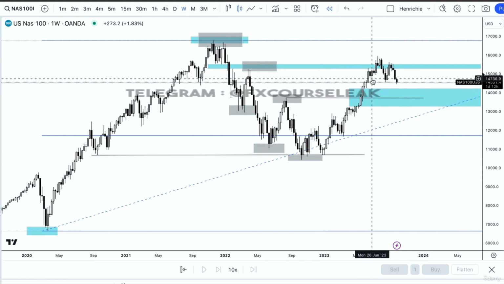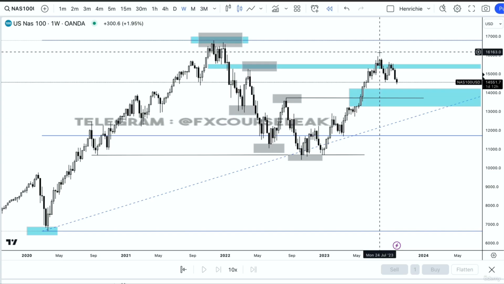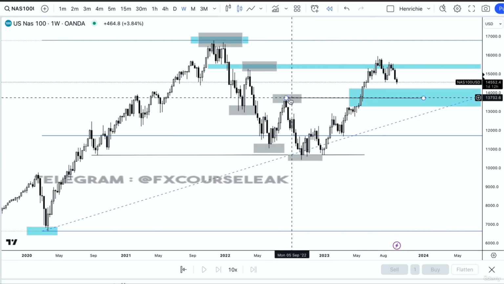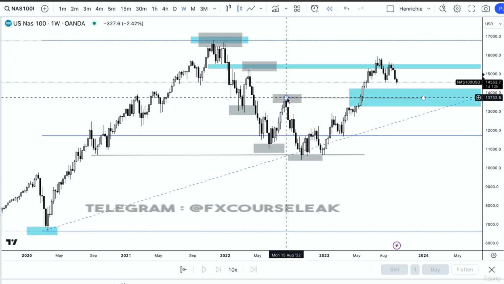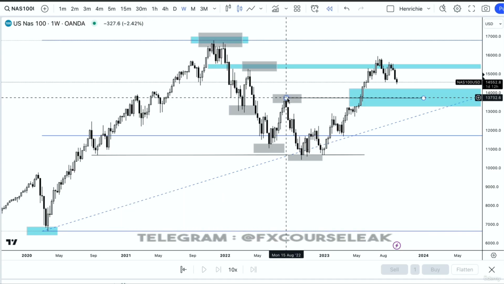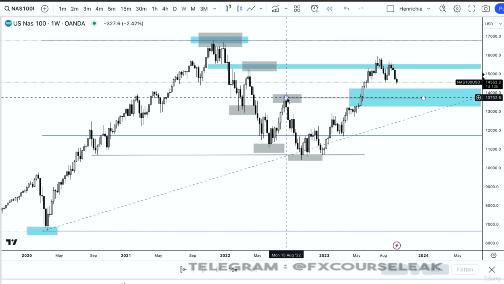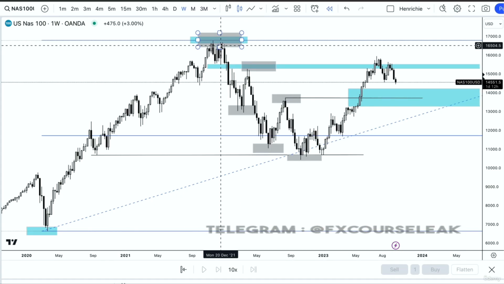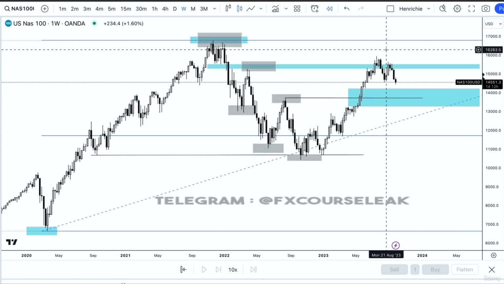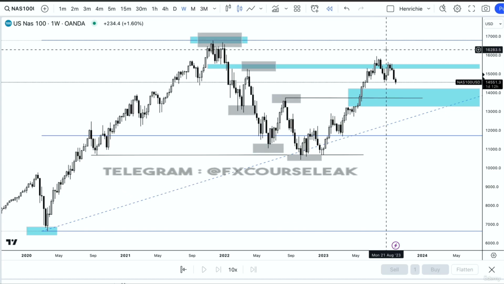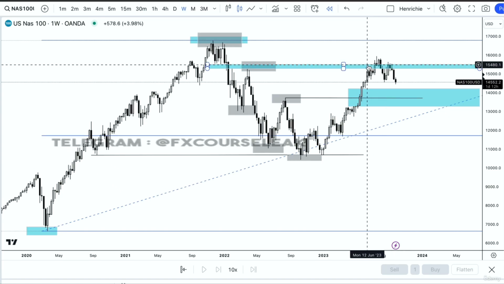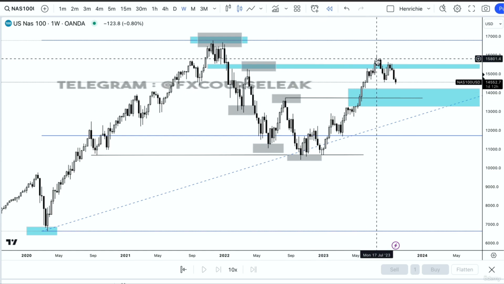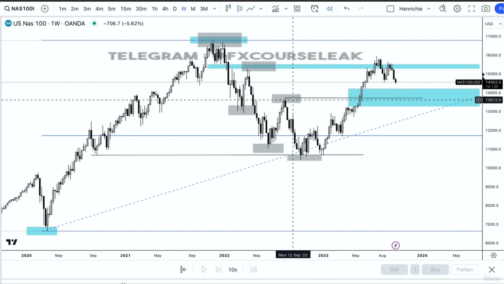We saw this right here. This is a high, this is a low. We ran above this high, showing that the market structure on the weekly, which was bearish, switched to bullish, aligning with the monthly. So you see that the monthly and the weekly aligned right here to bullish.